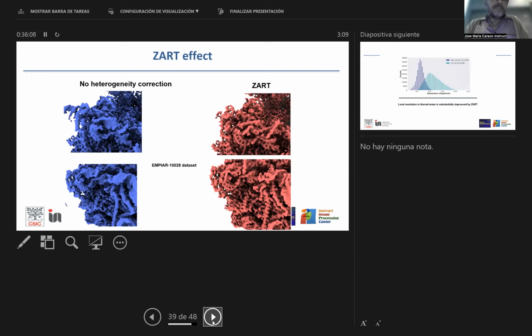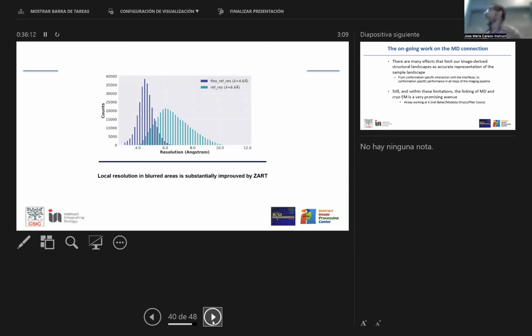The differences by eye are substantial. The differences when you compute local resolution are substantial. And I wish I could go through a number of cases now, but all of them are hot specimens with collaborators, and at this moment they are not yet finished.